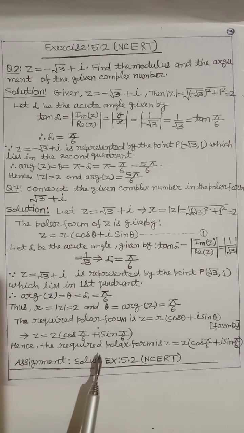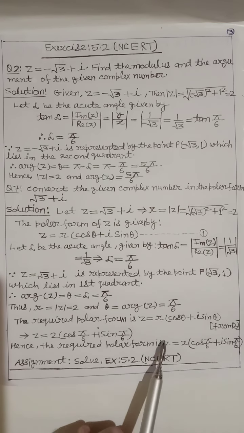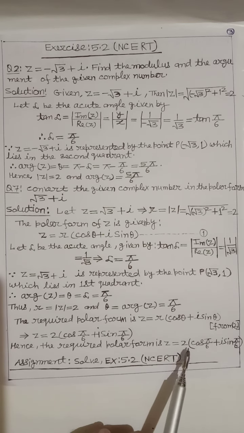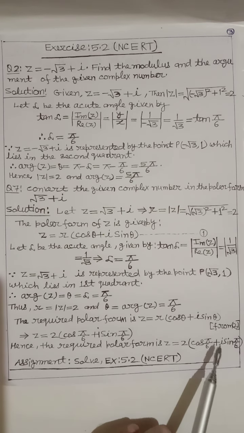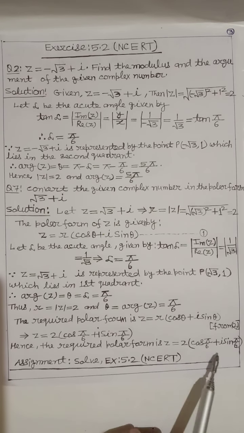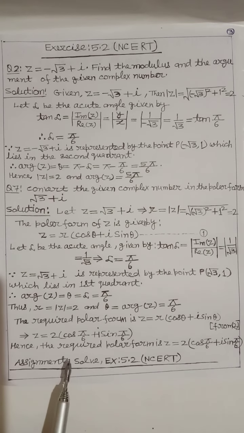Hence, the required polar form is z is equal to 2 (cos pi by 6 plus i sin pi by 6). Dear students, the remaining questions of this exercise, that is exercise 5.2, are homework from NCERT. Thank you.